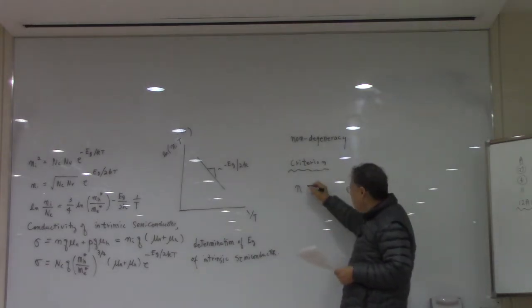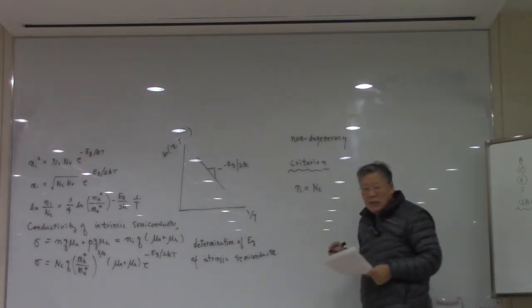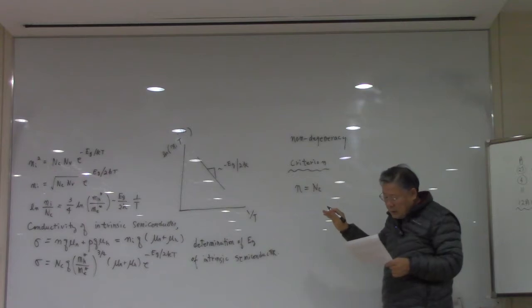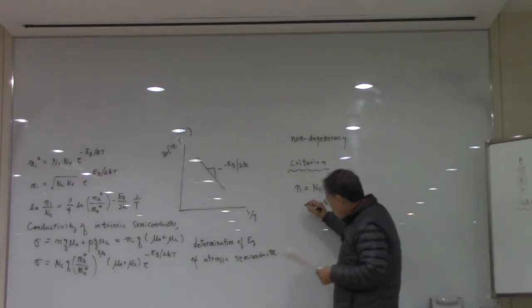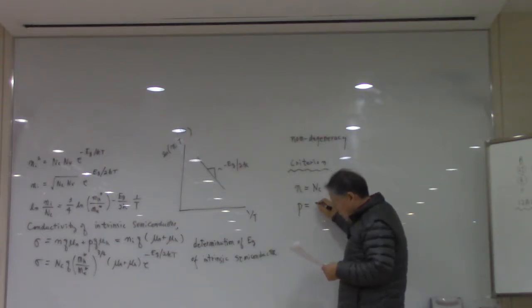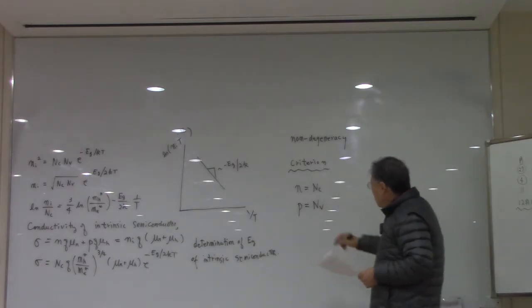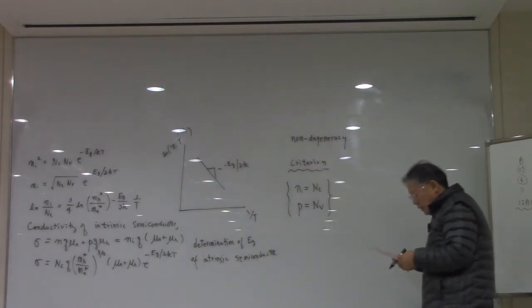If the concentration of electrons is below the effective density of states of the conduction band, then we call this a non-degenerate semiconductor. And if the hole concentration is likewise compared to the valence band, we can also say this is a degenerate semiconductor.